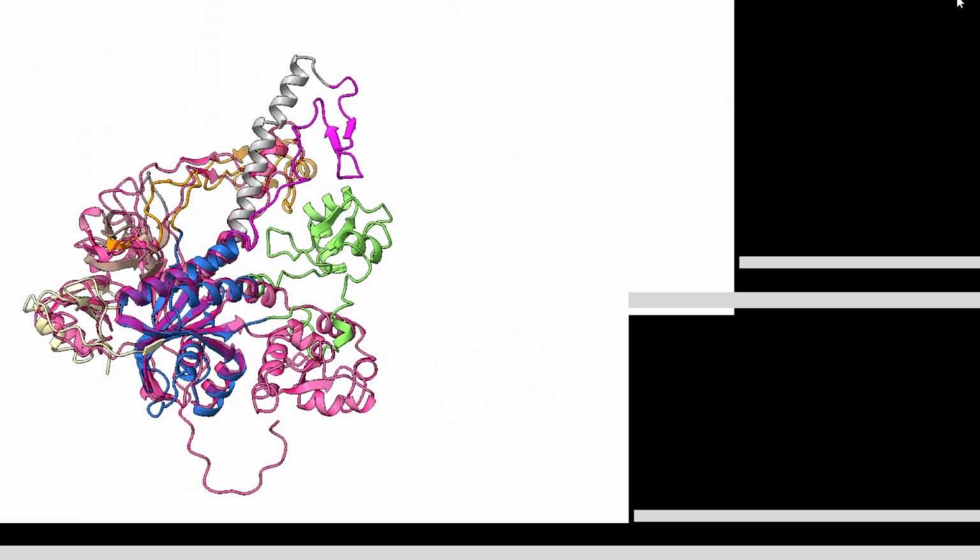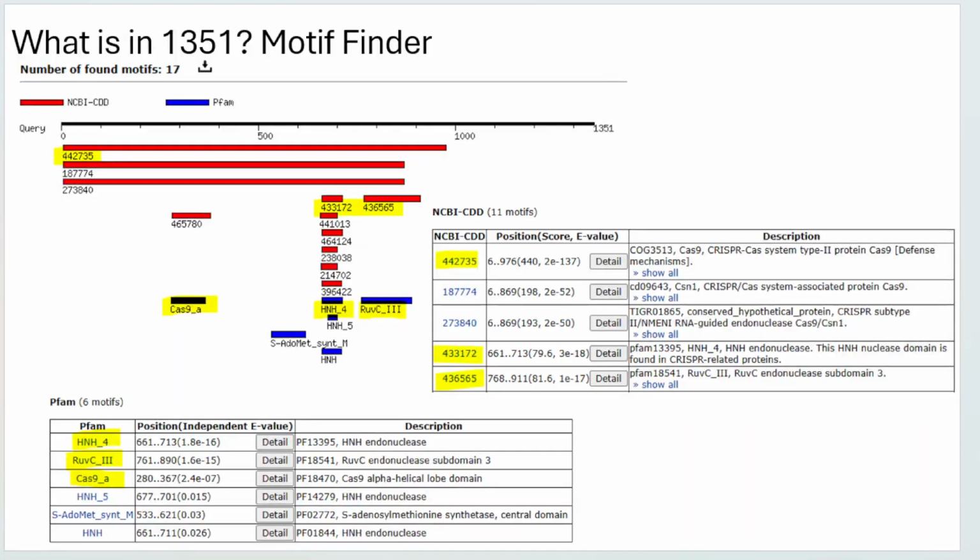So, moving on. Let's talk about 1351. This is our CRISPR-Cas system that exists on the other side of the border of ISCB to CRISPR-Cas. 442735 in the search query is a CRISPR-Cas system.